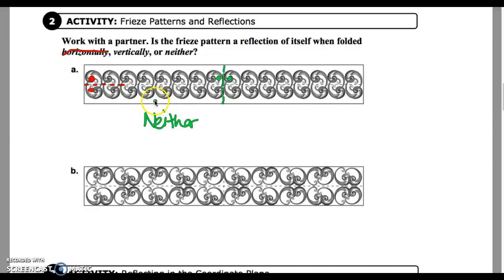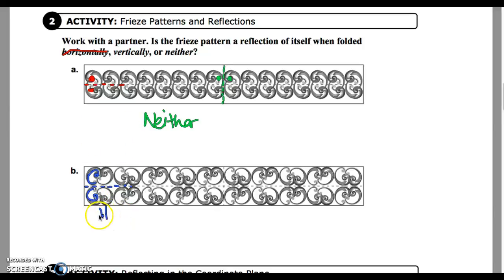Now let's look at B. If I were to fold this along this horizontal line, do we get the same thing, top and bottom? I can tell right here we have a C-looking shape. If I were to flip that down, it would match up exactly.